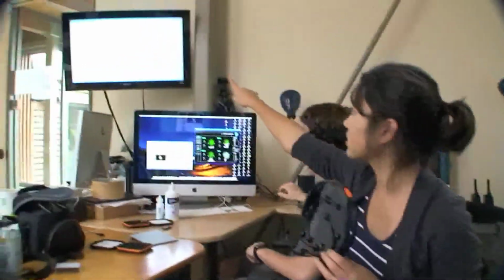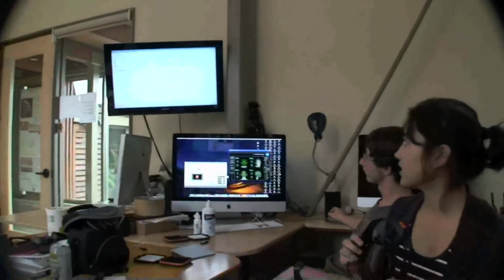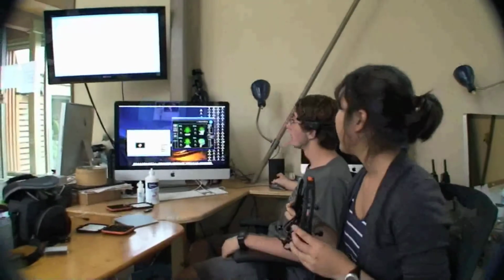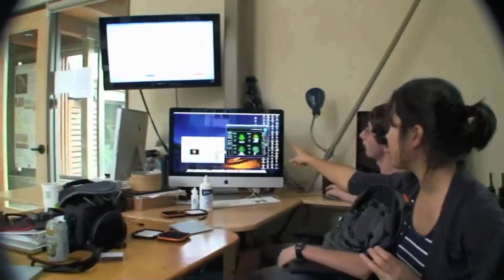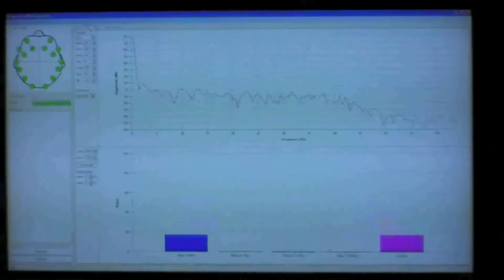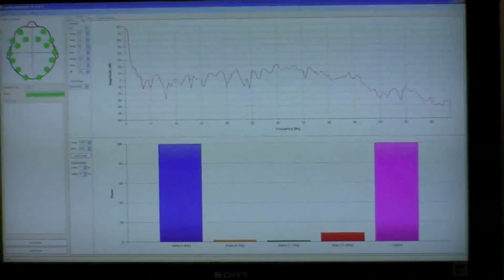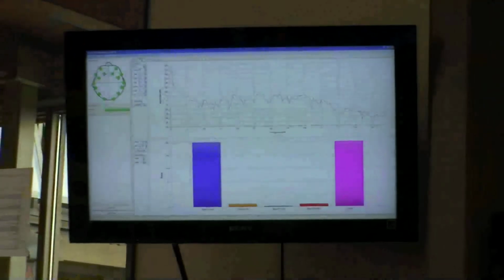So up on the big screen is an EEG, and that is measuring the electrical activity of the neurons in Duncan's brain. And we also have what's called an FFT, and that is showing us the different amounts of brain wave frequency that are going through his head right now. They're classified into 4 different categories: delta, theta, alpha, beta.